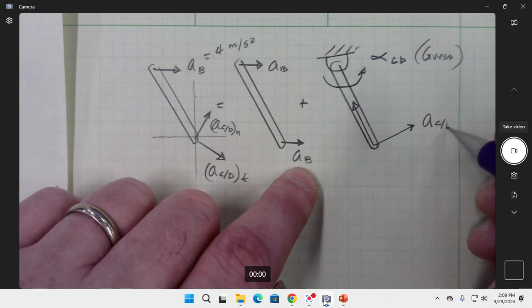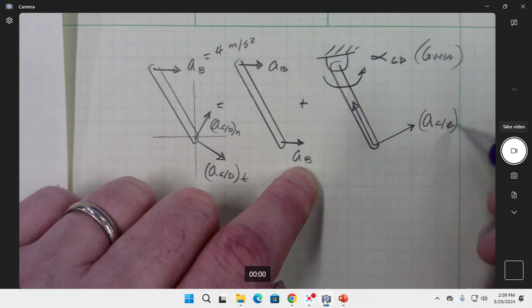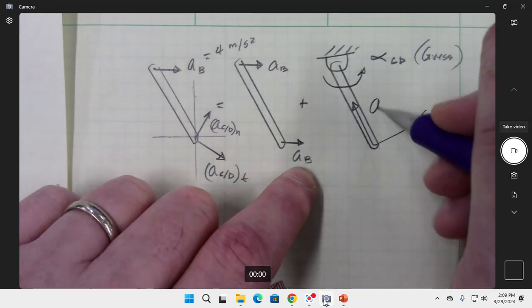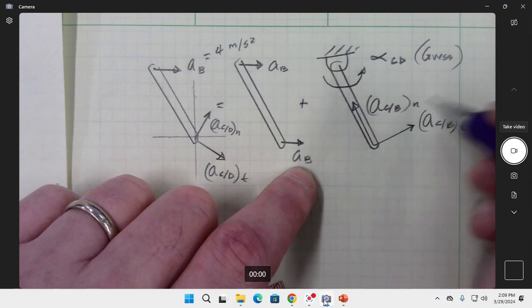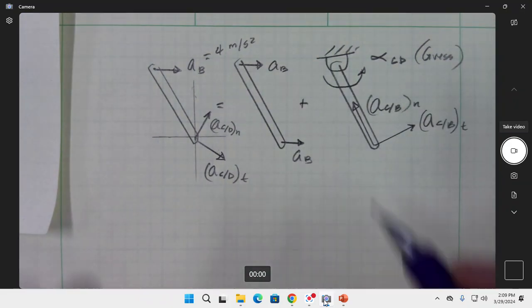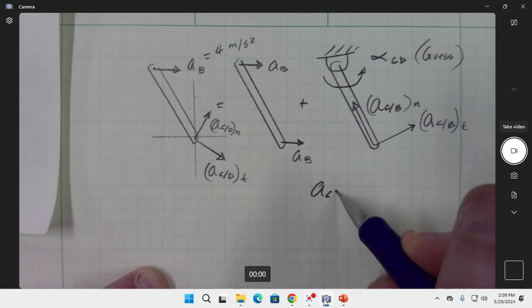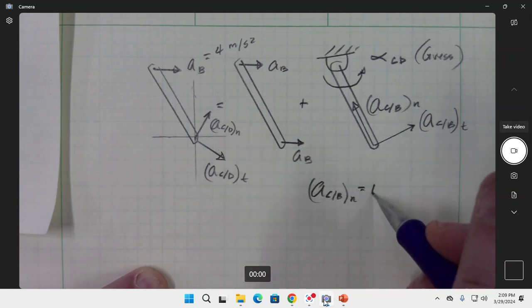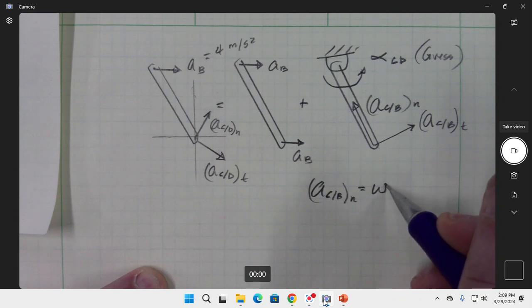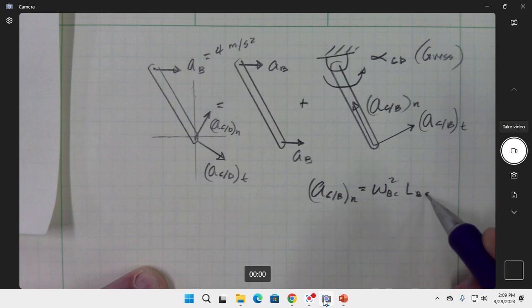Okay, yeah. I had to think a second for that. And that's going to be tangential. Here's the acceleration of C with respect to B, normal. The acceleration of C with respect to B, normal. We can find that with omega BC squared times L BC.